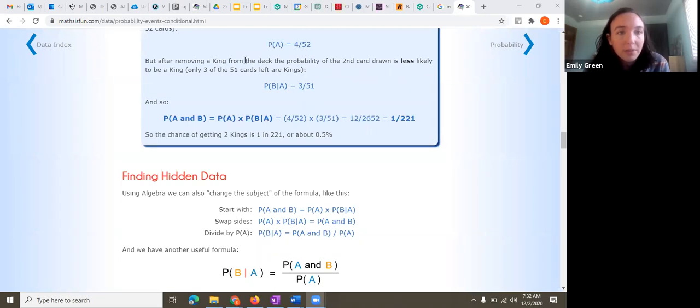This does go backwards because if I want to know the probability of picking a second king given that I picked a king the first time, well, I'm going to do the probability of A and B. So that's 1 divided by 221. We calculated that one. And then I'm going to say divided by the probability of A, which we said was 4 divided by 52.